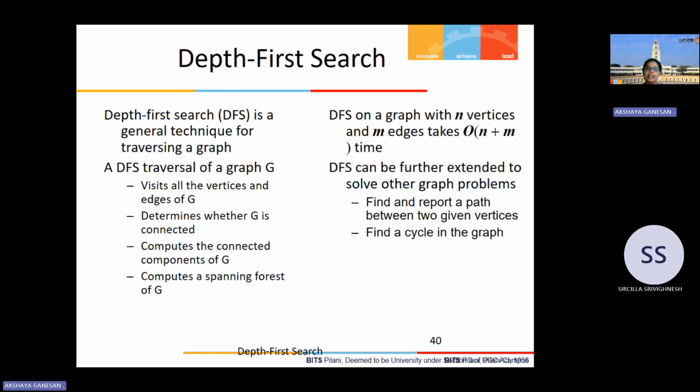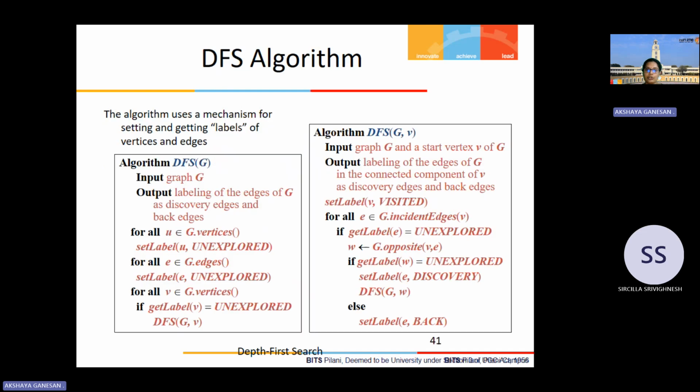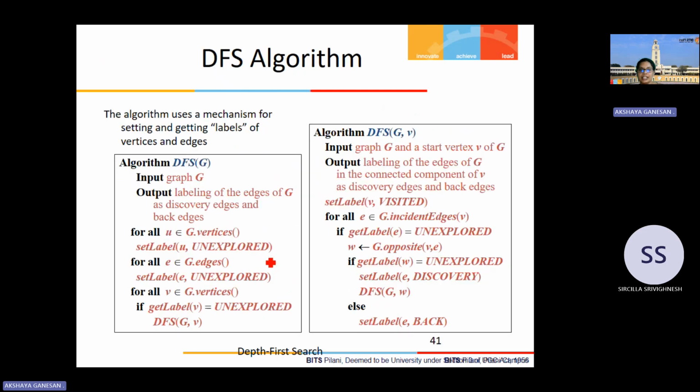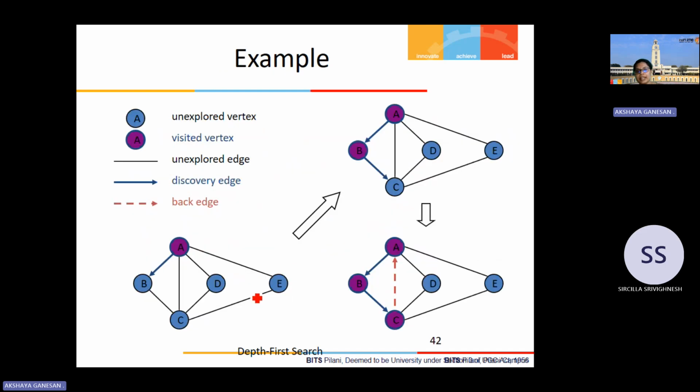Okay. So in depth first search, I'll go to the example directly, and then we'll come back to the algorithm like previous time. So I start with A. I start with an unexplored node. Okay. And I go to the next node. If it is unexplored, I make it a discovery edge and I mark that node as visited.